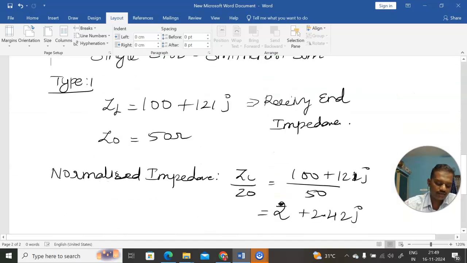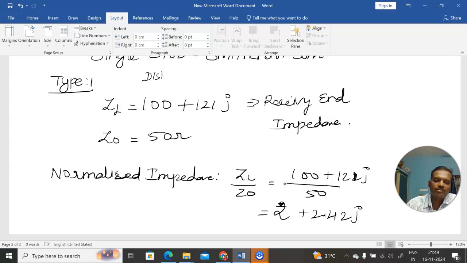Okay. So in the given sum, they have given another data, which is the distance between the load and first voltage minima.